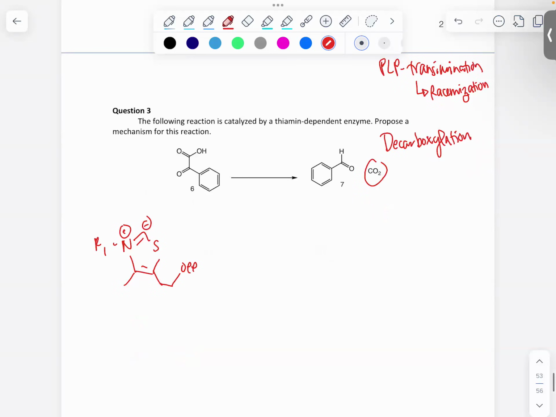And so this nucleophile of the thiamine can attack the acyl group here. And we will get a tetrahedral intermediate.